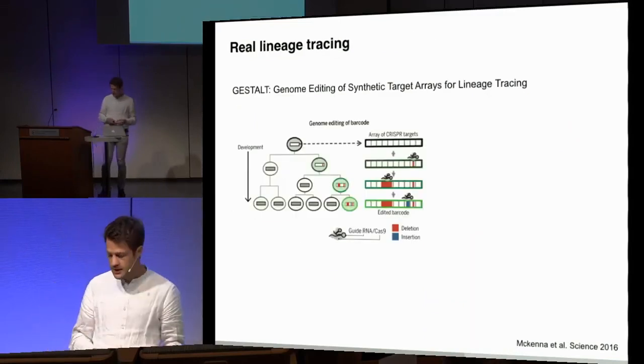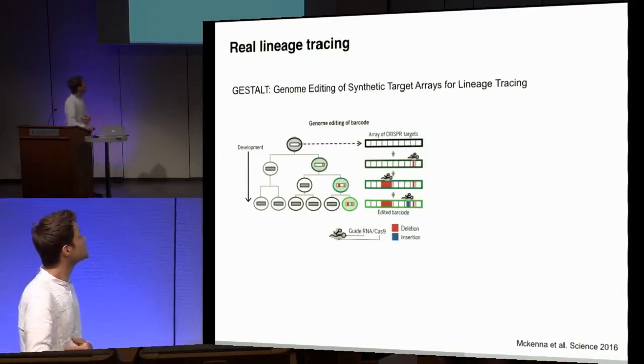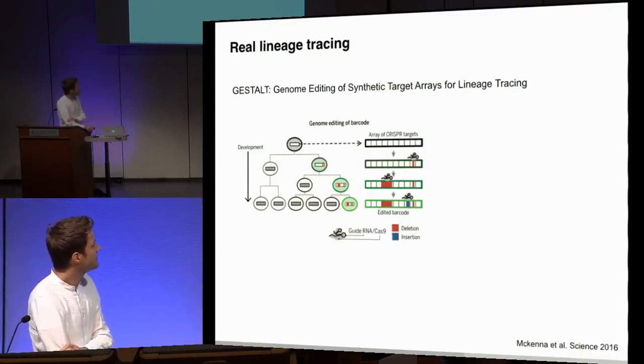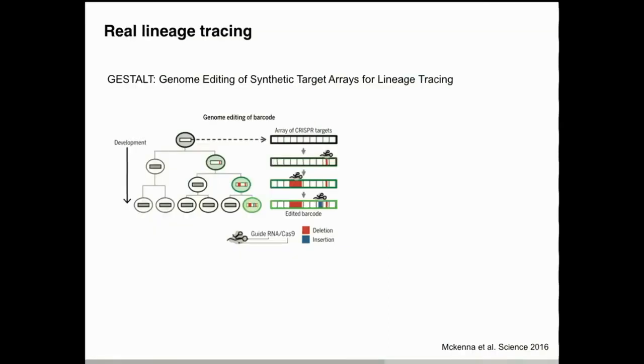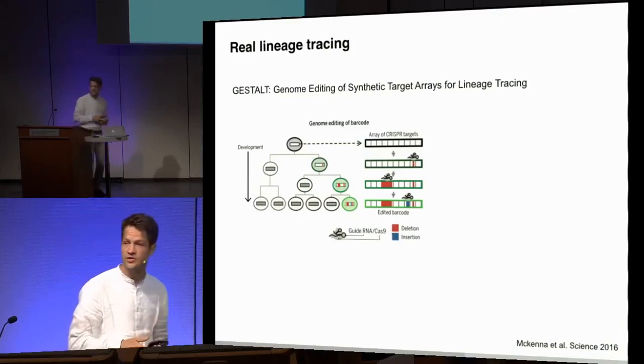Similar, and again very nicely named, is GESTALT, genome editing of synthetic target arrays for lineage tracing, an approach recently published, where you essentially have some type of barcode added to your particular cell, roughly 10 or so CRISPR targets, where you then end up with roughly 1,000 or so different states that over time can also accumulate deletions and insertions.